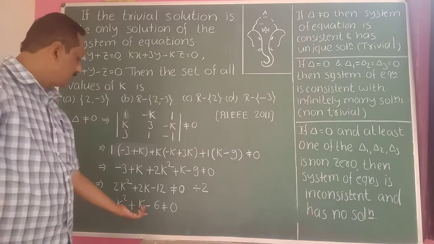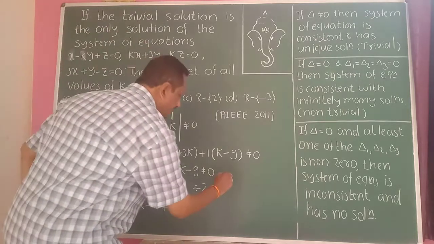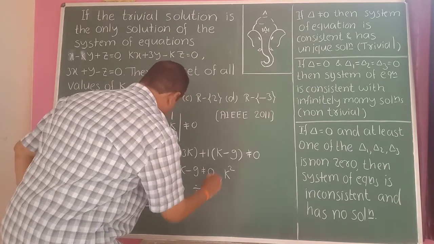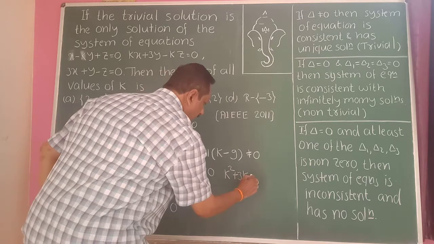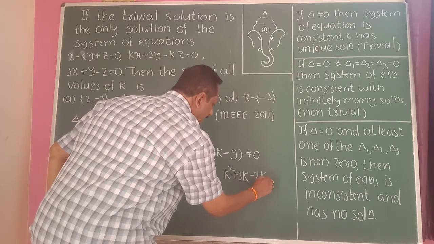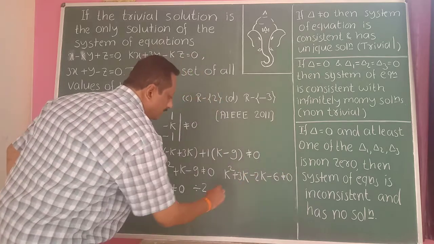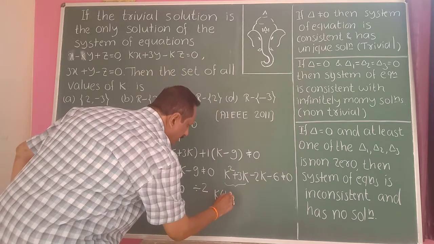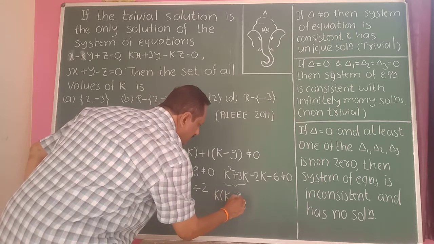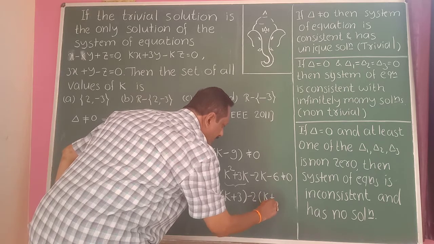Again it is a quadratic equation here. So plus 3 minus 2 here. Hence k square plus 3k minus 2k minus 6 not equal to 0. K is a common factor here, so k common factor. Then k plus 3 minus 2 is the common factor here.